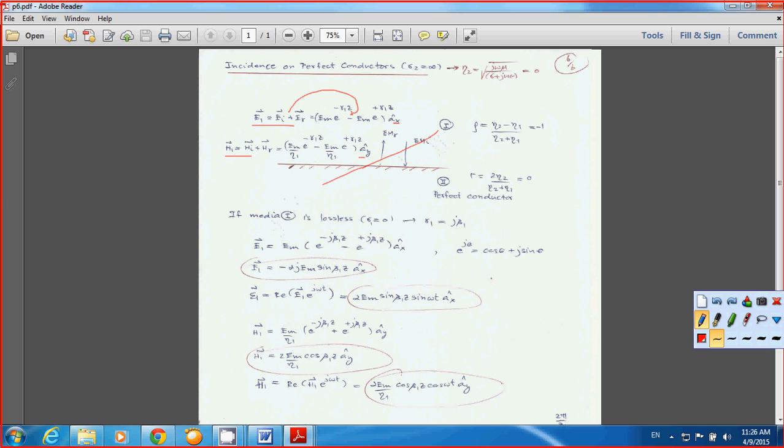Now let's take a look. If media number 1 is lossless, or sigma 1 equal to 0, gamma 1 has only an imaginary part, equal to j beta 1, and your alpha 1 is equal to 0. Take a look at the equation here.